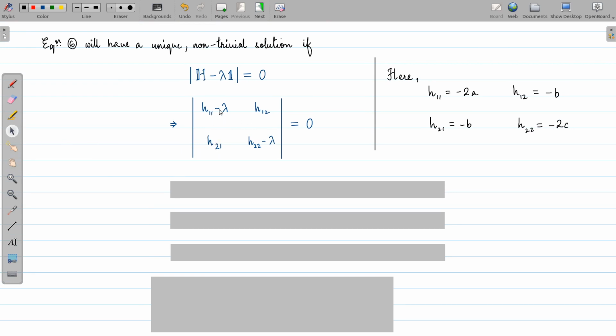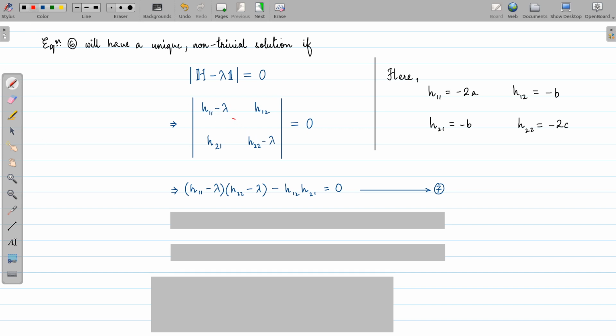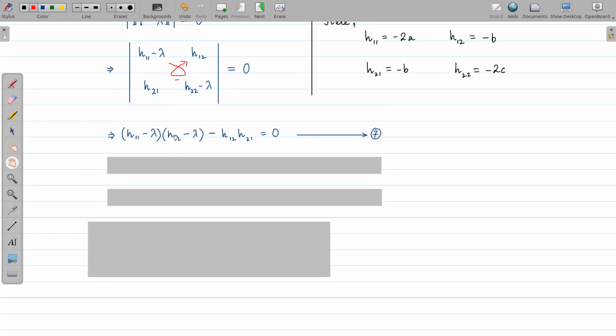Now when you evaluate this determinant, you'll get H11 minus lambda into H22 minus lambda, minus H12 into H21. We are basically doing this kind of operation.